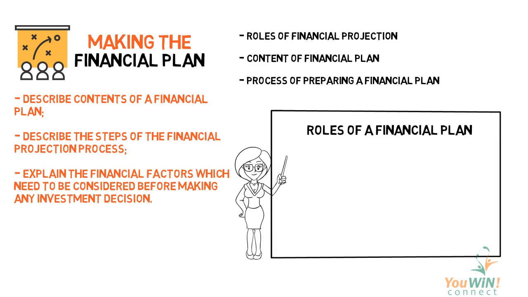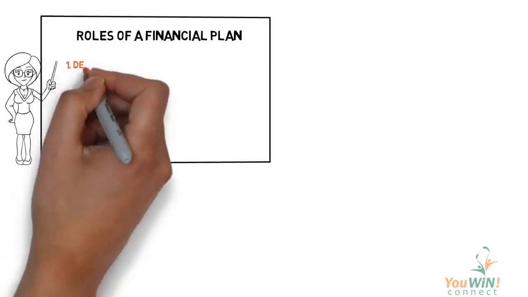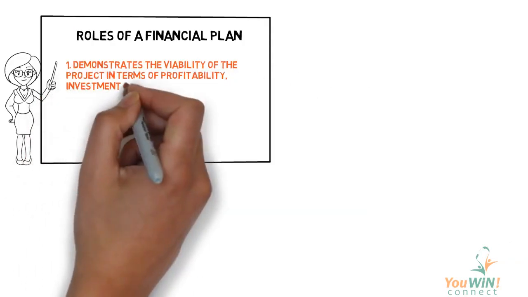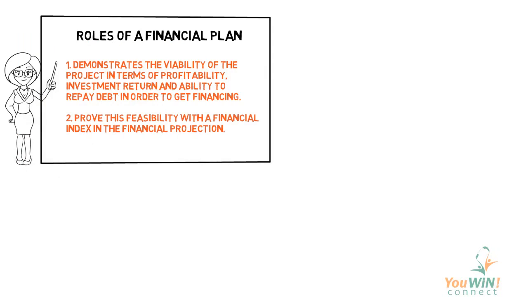A financial feasibility has two broad sides. First, it demonstrates the viability of the project in terms of how profitable it is, the kind of return that we get from the investment, and the ability to repay debt in order to get financing. The second side is that it proves that this project is feasible with a financial index in the financial projection.